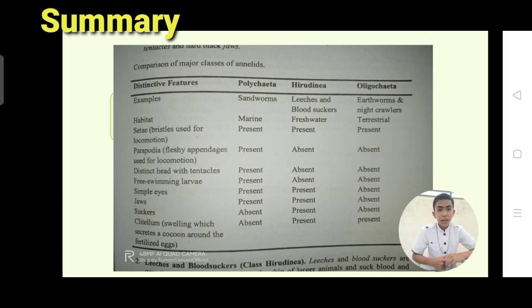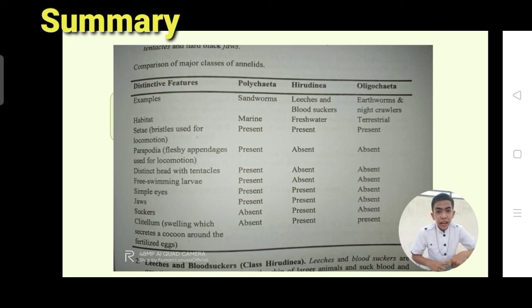In their habitats, they are marine, freshwater, then terrestrial. Setae are present in Polychaeta, Hirudinea, and Oligochaeta. But parapodia are only in Polychaeta; in the other 2, they are absent.